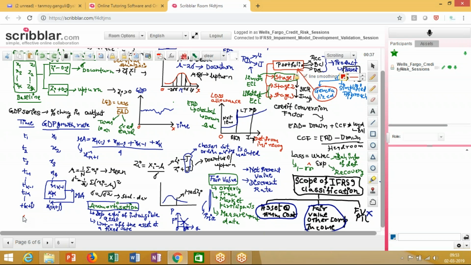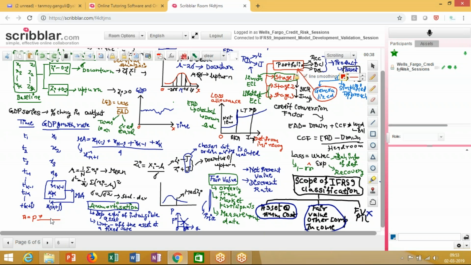The amortization A is a function of the principal, P. P is the principal, which is the initial loan amount which has been given, or the fair value at which the asset was recorded at the time of granting that asset.